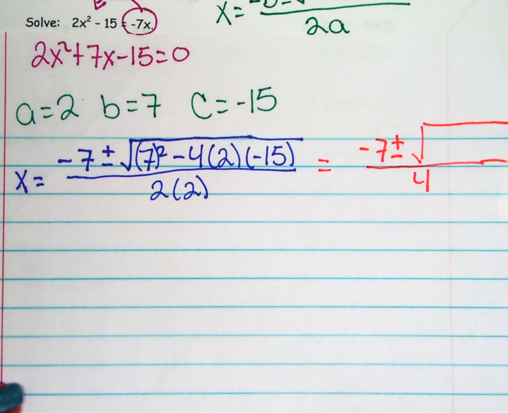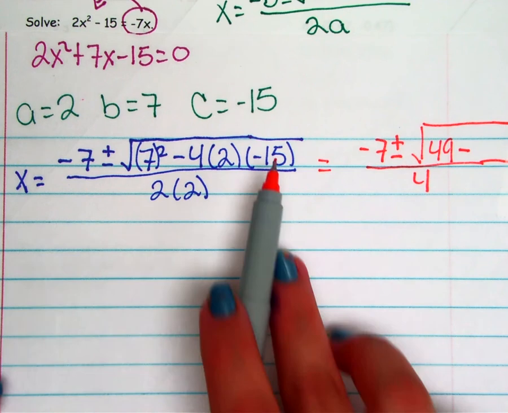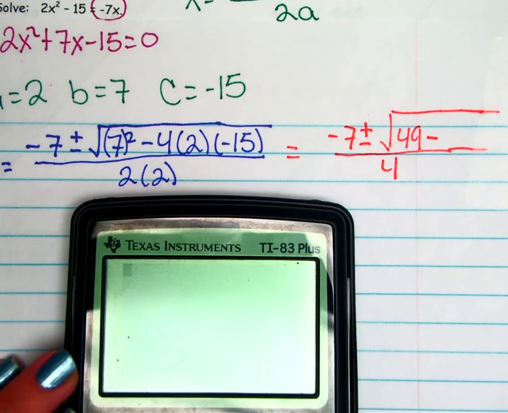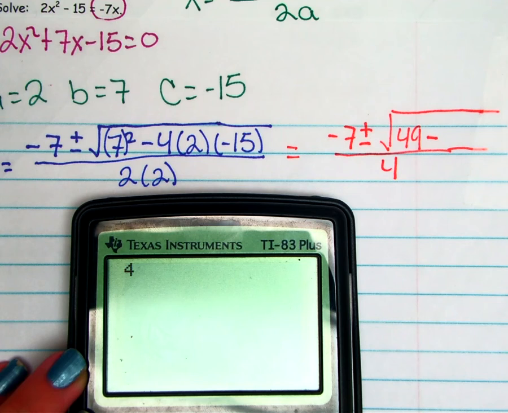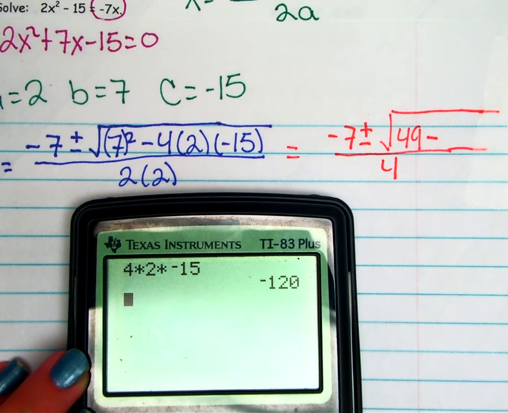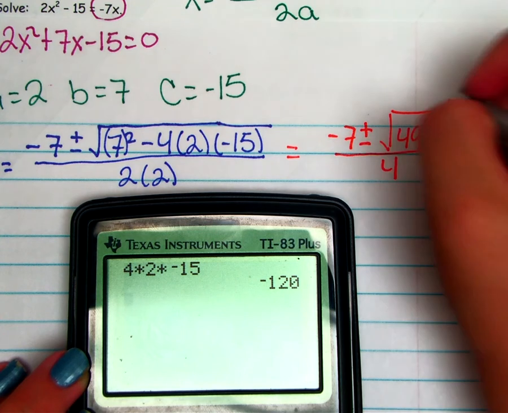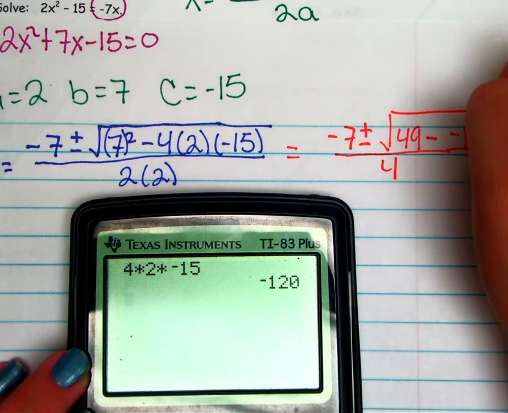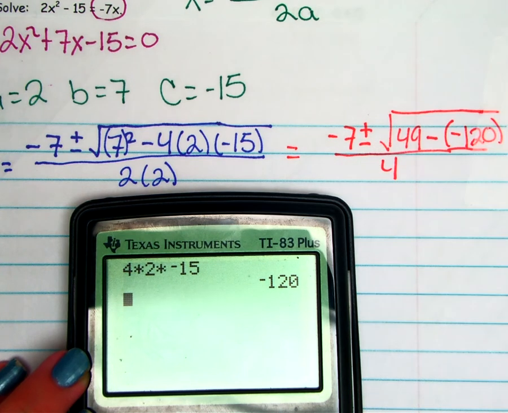Minus, these 3 things are just multiplying, so I'm going to use a calculator and just kind of multiply those out. So I have 4 times 2 times negative 15, which is negative 120.